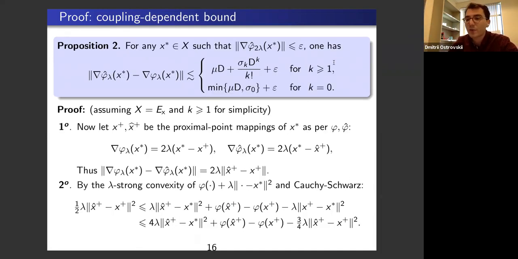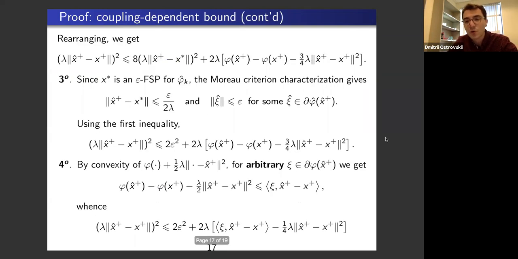Before I proceed to questions, let me just briefly discuss the coupling dependent bounds. The main idea is that the first step was, of course, the optimality conditions, and you again analyze the norm of the difference, but this analysis is way more involved, way more technical. There are several steps of using strong convexity here and there, some Cauchy-Schwarz magic, and finally the explicit characterization of the subdifferential of the max type function.